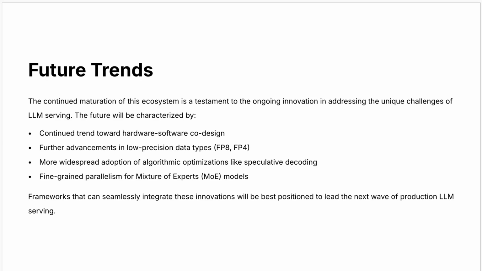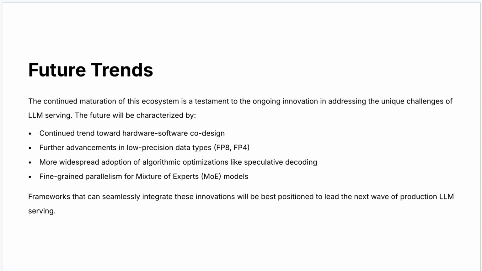As for future trends, it's clear that the LLM serving ecosystem is evolving very rapidly. We'll see continuous progress in low-precision data types, especially FP8 and FP4, which are critical for reducing memory usage and increasing throughput. At the same time, algorithmic innovations like speculative decoding are becoming standard for boosting performance.